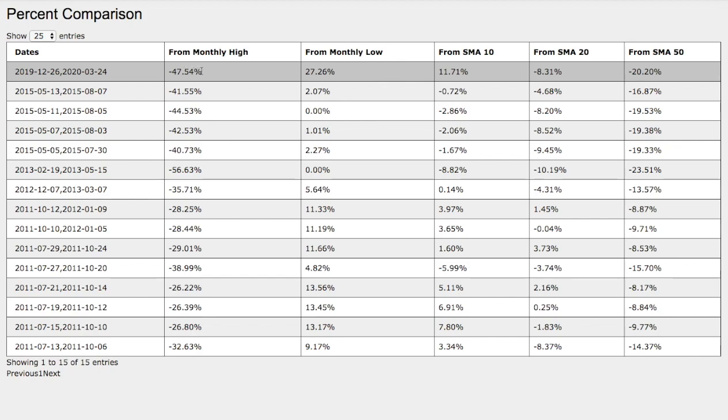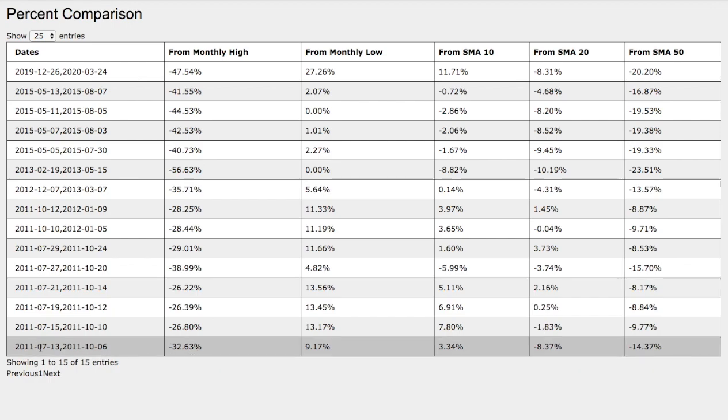We are down 48% from monthly high, up 27% from monthly low, and up 11 or 12% from the 10 simple moving average, and down 8% from the 20 simple moving average, down 20% from the 50 simple moving average. And the trend that we just examined was right here: down 32% from monthly high, up 9% from monthly low, up 3% from the 10 simple moving average, down 8% from the 20 simple moving average, and down 14% from the 50 simple moving average.